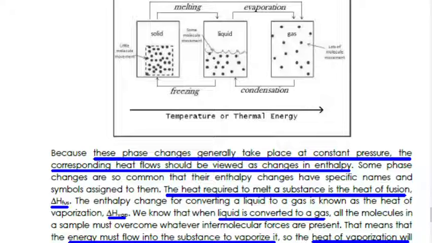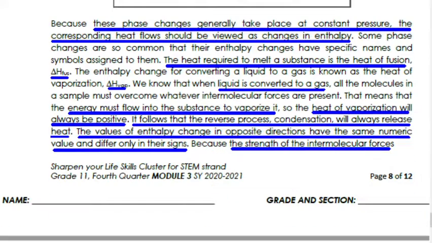It is because the strength of the intermolecular forces varies from one substance to another. And the magnitude of the enthalpy change for any phase transition will always depend on the substance involved.